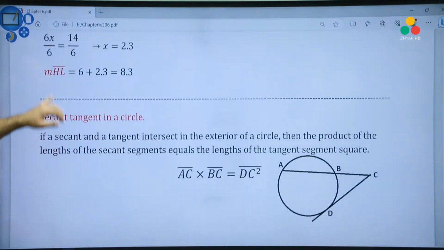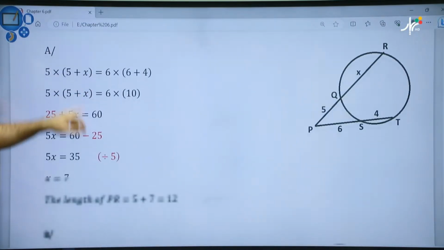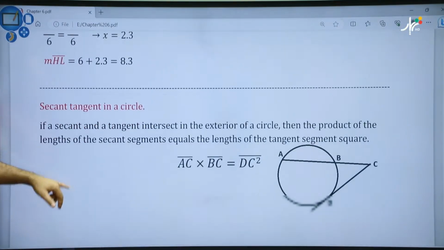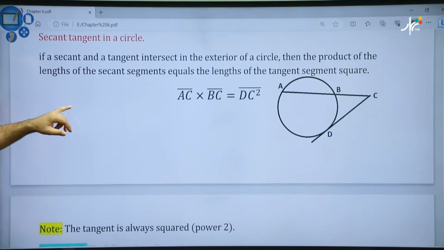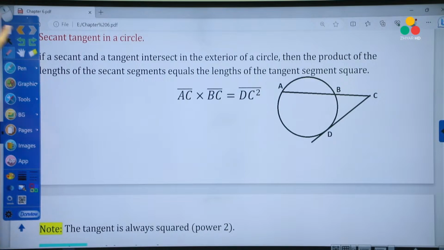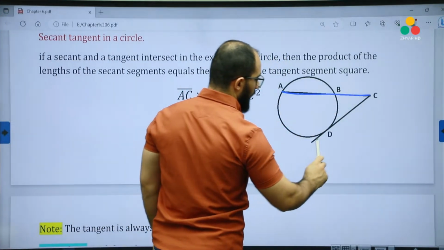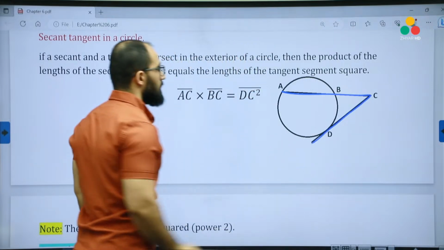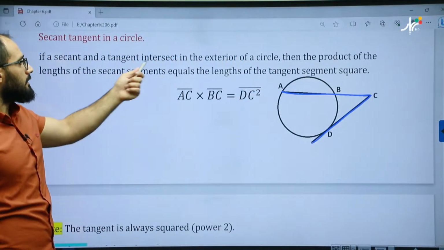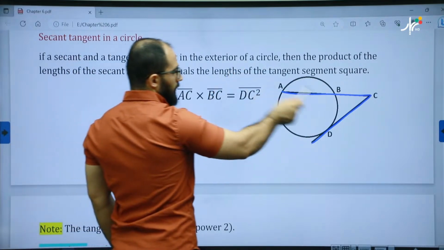Then we had interior, then we had exterior, finally we have secant and tangent in a circle. It says if a secant and a tangent, so this is the secant and also we have a tangent, intersect in the exterior of this circle.